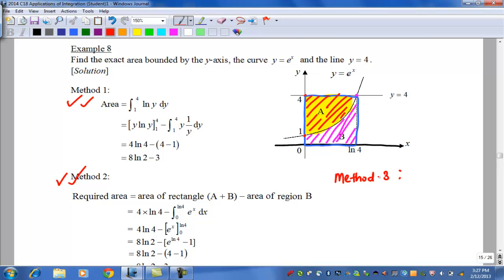You know that the area of A can be found by integrating from 0 to ln 4 the upper curve, which is y equals 4, minus the lower curve y equals e to the power of x, dx.